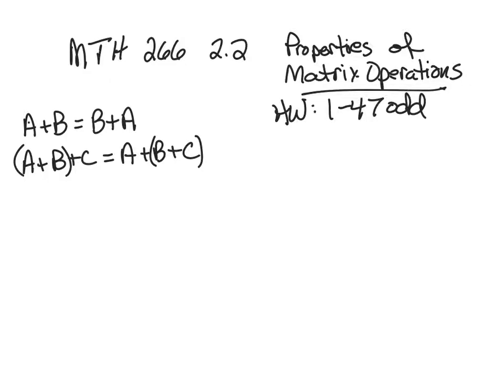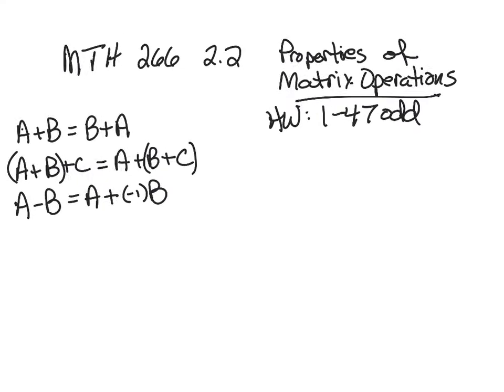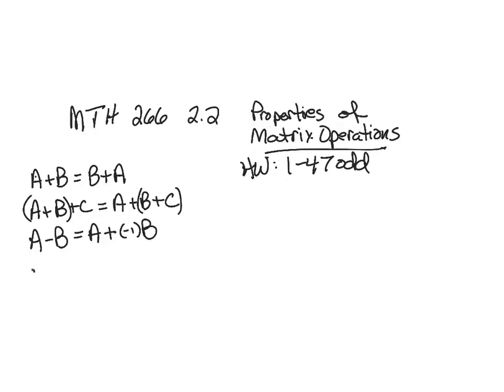Remember that with subtraction, you don't ever want to do that. You want to add a scalar multiple, using a -1 as your scalar. Speaking of scalar multiples, if I have two numbers, these are scalars, times a vector, then I can group however I'd like, and you can also reorder however you like.